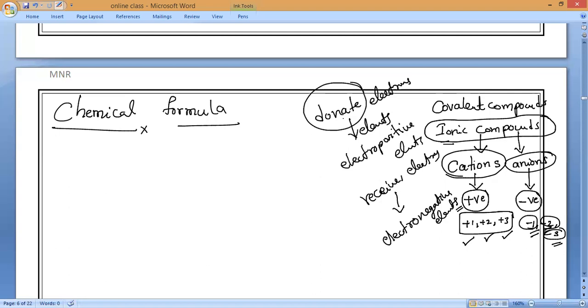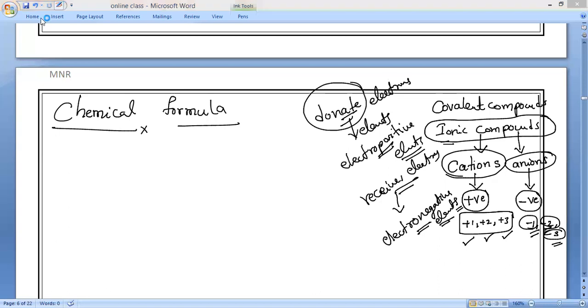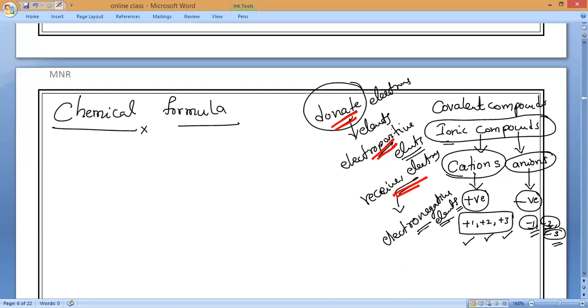Who will donate electrons is called electropositive, and who will receive electrons is called electronegative. Any doubt? Harini, I am asking you. No, sir. Okay. Please remember, by donation we say electropositive; by receiving we say electronegative.